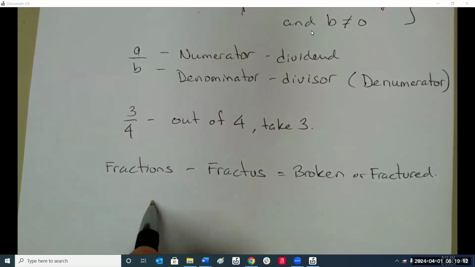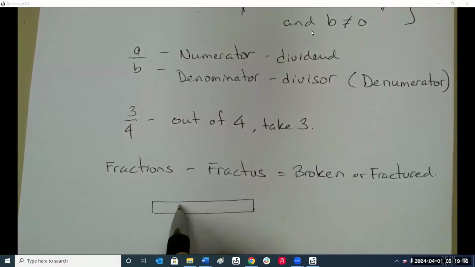If we have a block and we break it up into 4 pieces, and we take away some pieces, it's no longer an entire block. It's now just a chunk. And that's what it means. Out of 4 pieces, let's take 3. Out of 8 pieces, take 1.